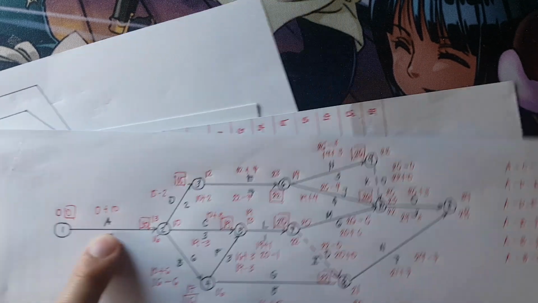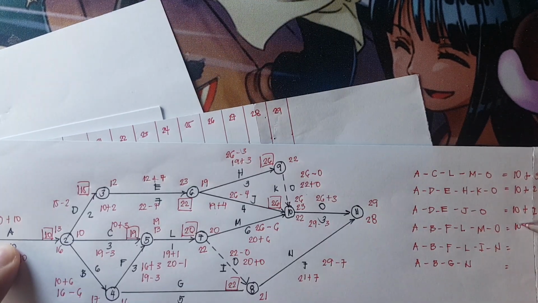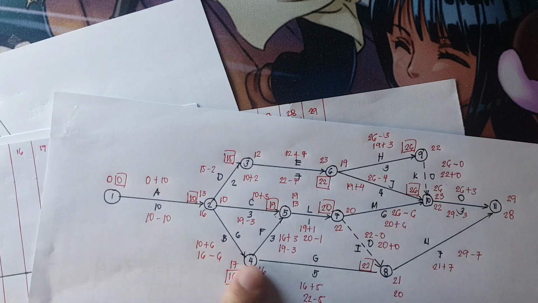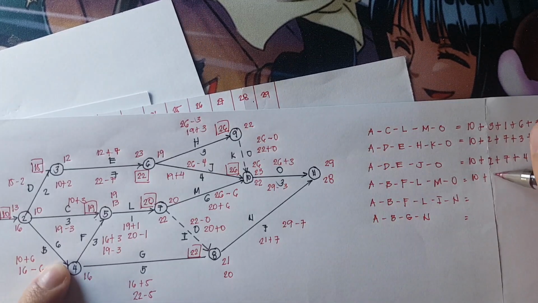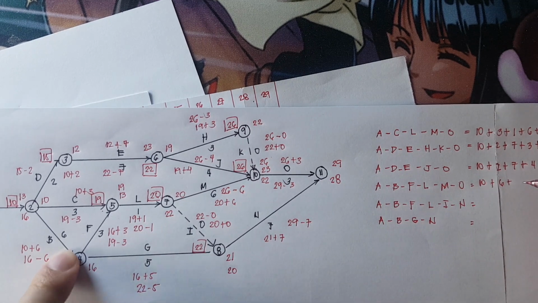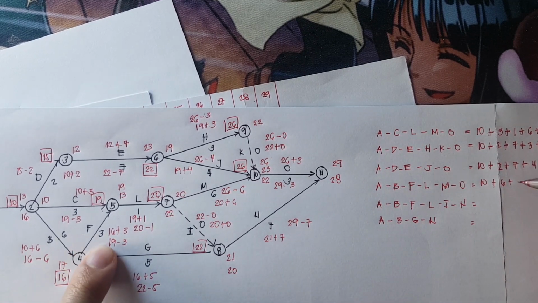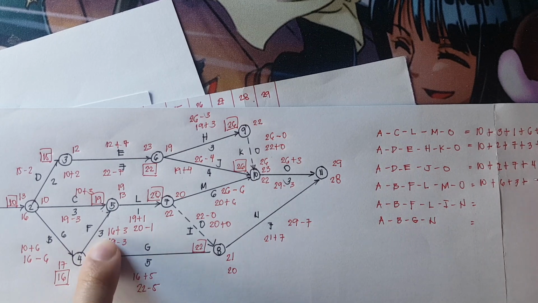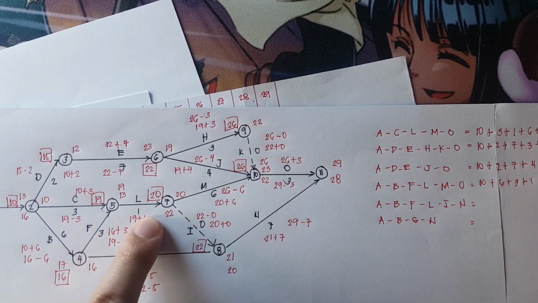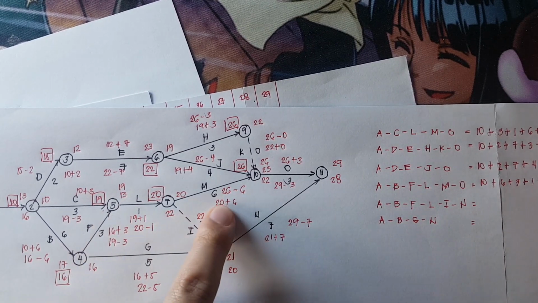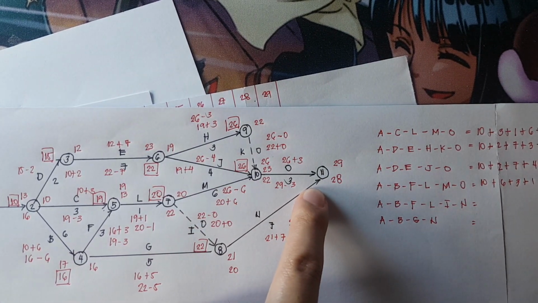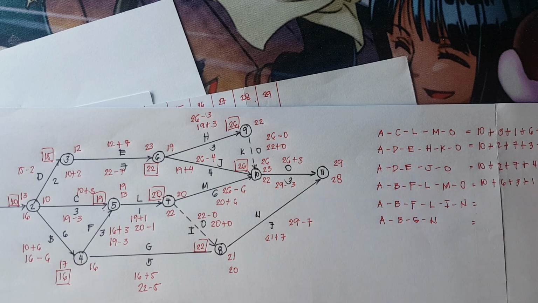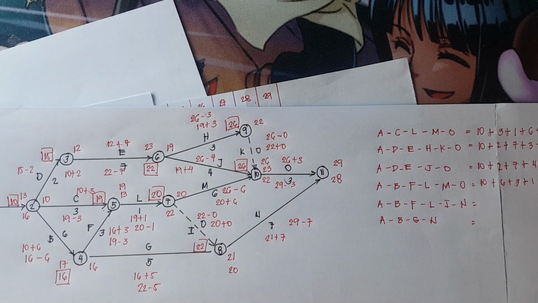So you have A, 10 days, plus B, which is 6 days, plus F, 3 days, plus L, which is 1, plus M, 6, plus O, 3. And that is 29 days.